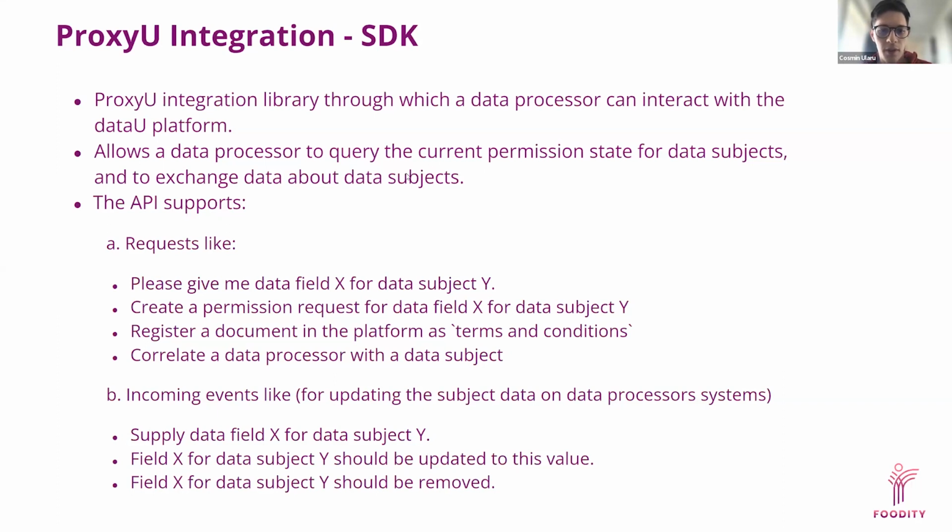And the first thing that a data processor needs to do is to correlate with the data subject in order to get the identifier of the data subject, and after that to be able to make a permission request for that data subject. Also, this SDK is capable of handling incoming events for updating the data subject on the data processor systems, and also to remove the data once the data subject opts to revoke the permission for the data processor.